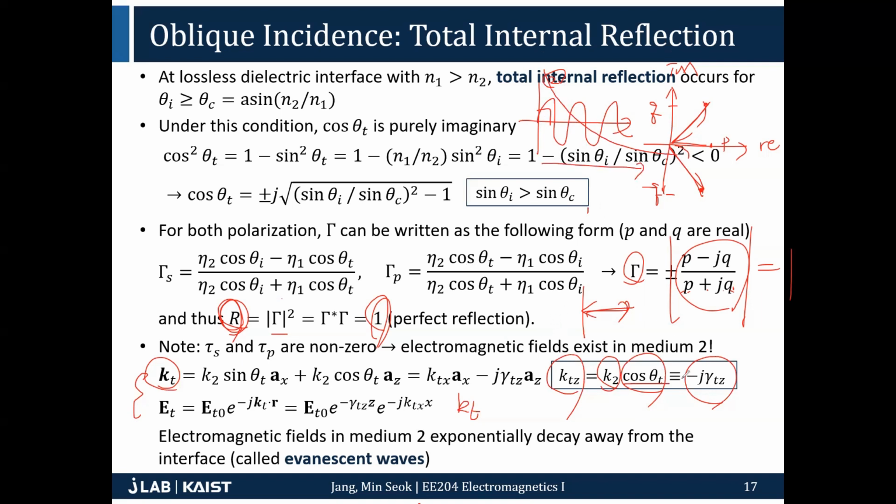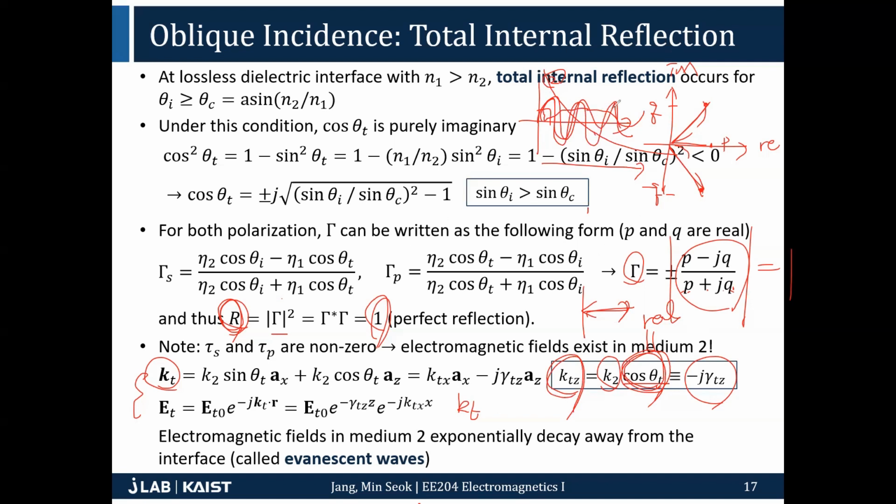Okay, and this is different from other cases. In other cases, cosine theta t is a real number, like if you are not in the regime of total internal reflection. And if this is a real number, k is a real number, ktz is a real number, then that means your electric field is oscillating as it moves away from the interface, which is a propagating wave.